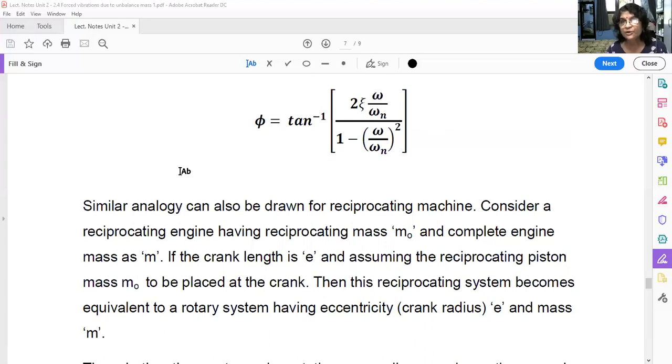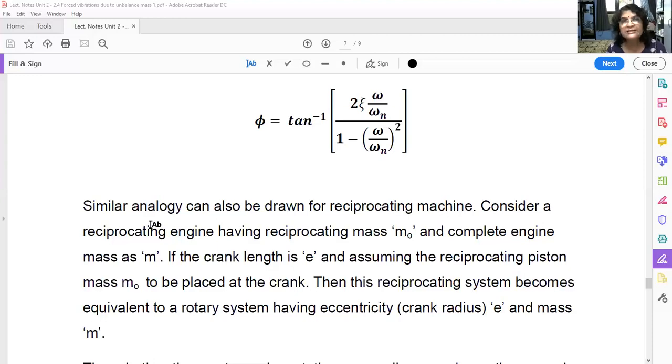The turbine is rotating, the chuck is rotating, the motor is rotating. So those were the unbalanced forces present in the rotary system. But in the engine, the piston is moving up and down. Or a reciprocating pump is there, or a reciprocating compressor is there. So there also an unbalanced force is present. So how do we analyze the forced vibration for reciprocating unbalance?